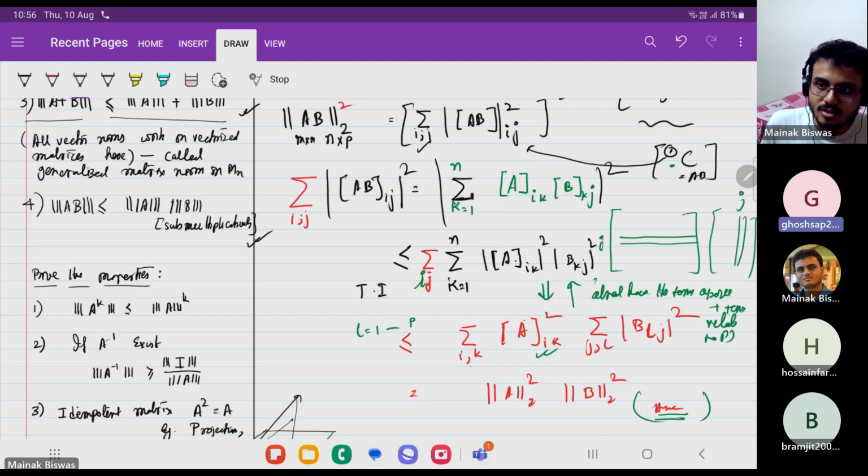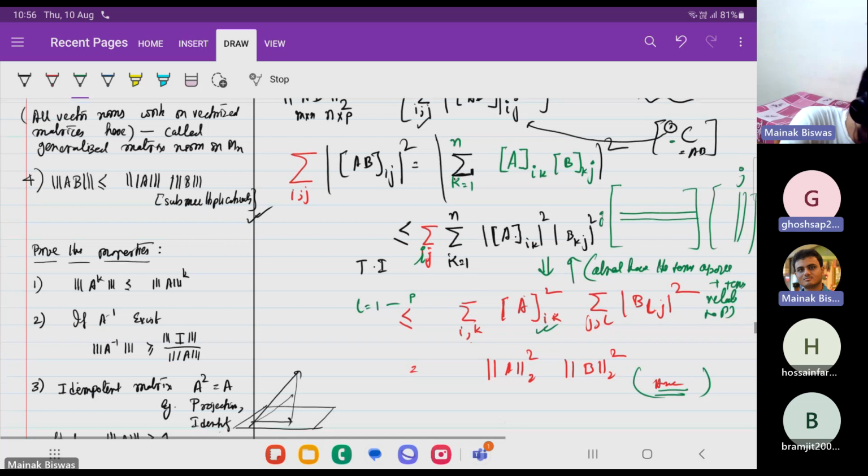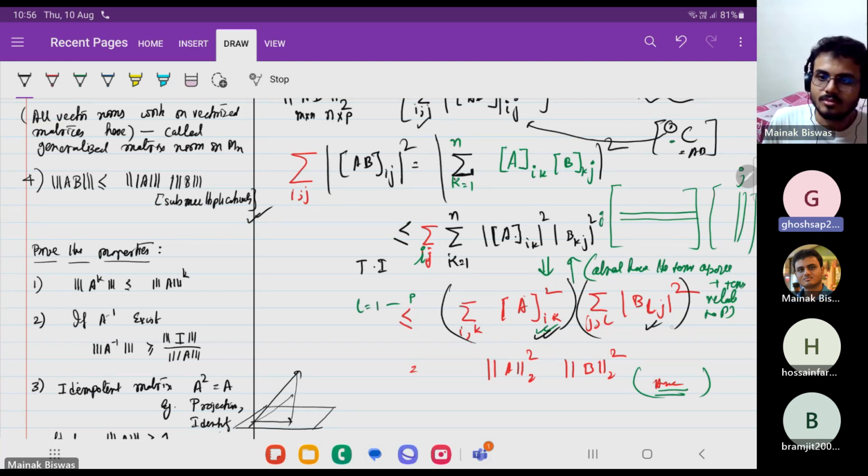Can you explain more? So you see, this is ik and ij. So you have two sums. All these terms that are present over here, are they present here? If I expand this, will I get them? Yes, you will get them.